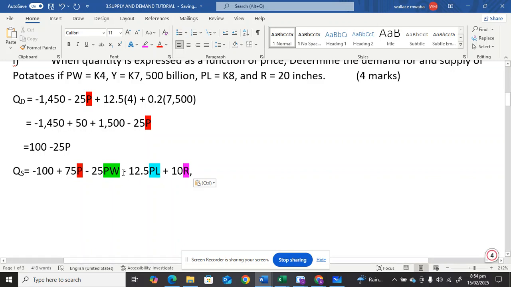Okay, so we've been told PW equals 4, PL equals 8, and R equals 20.